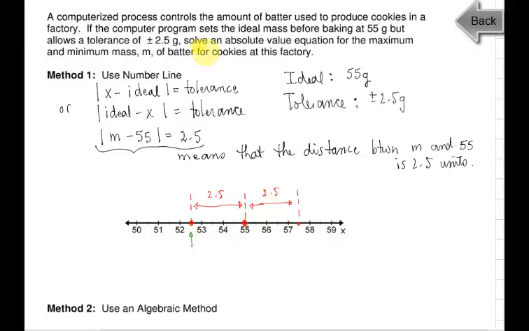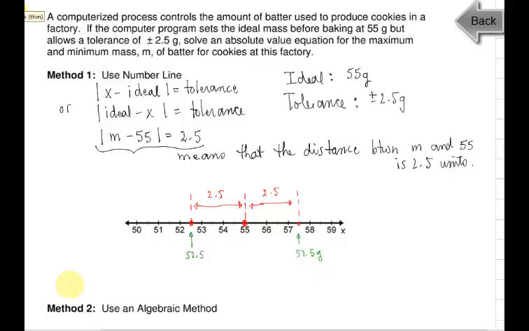Okay, so you can see that if we wanted to take a look at the possible masses for our cookies, it can be anywhere in between, right? 52.5 grams and 57.5 grams.